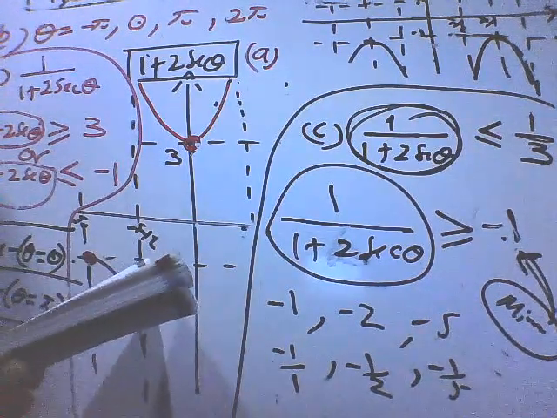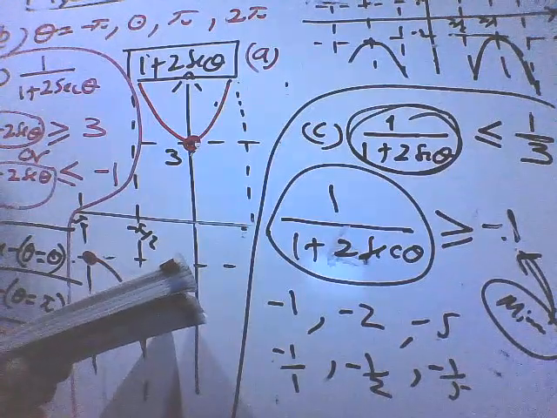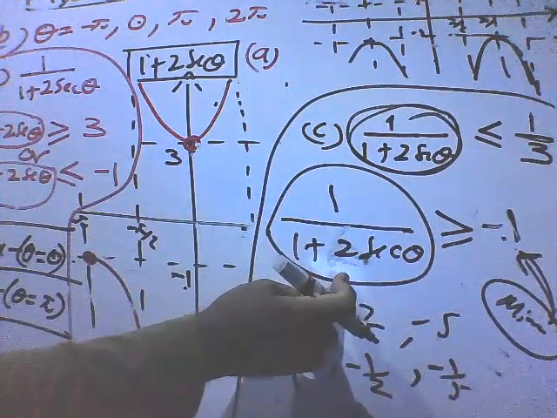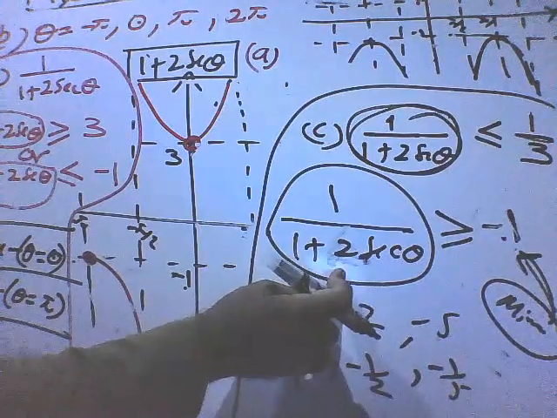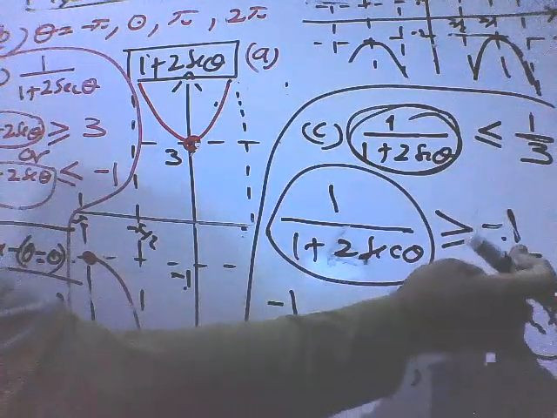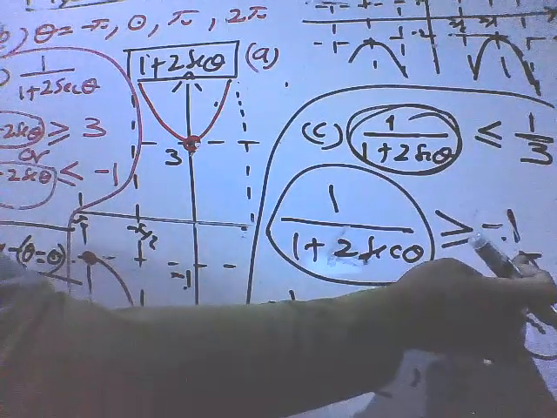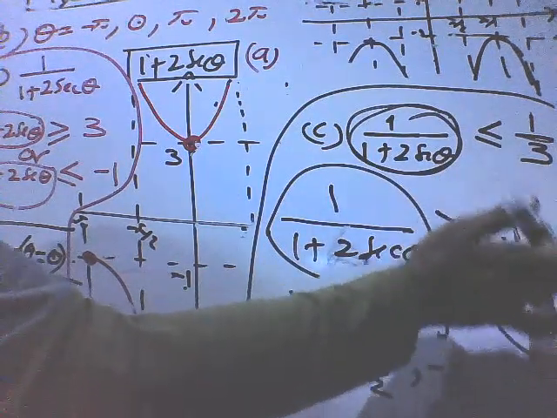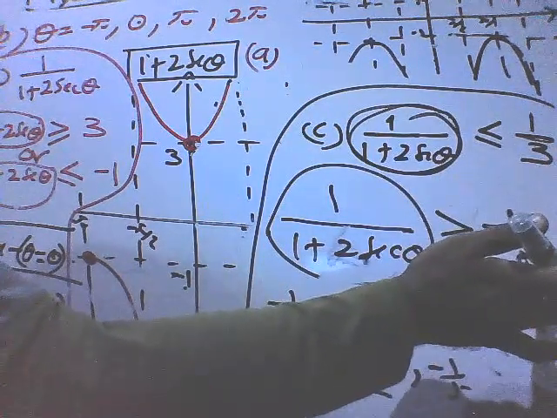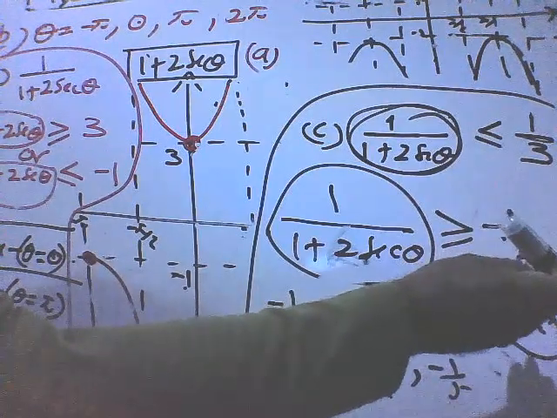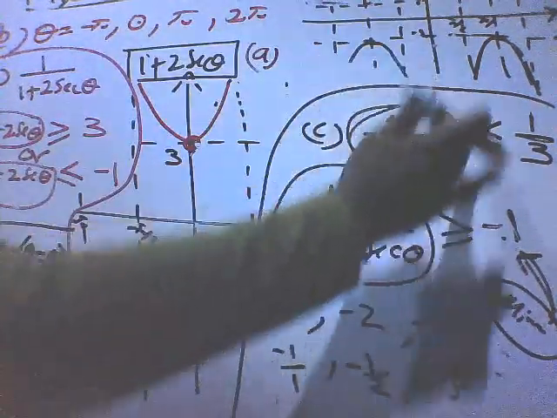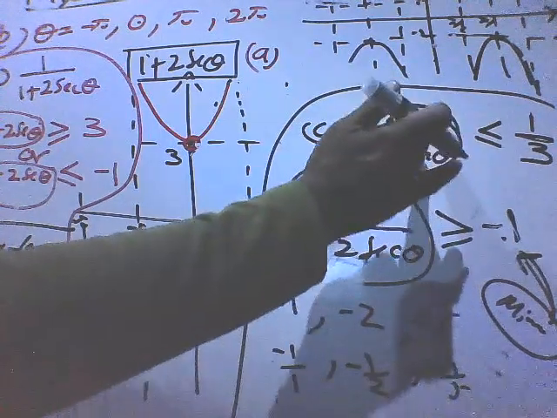And then another one, they ask for the smallest positive value. All these values are going to be negative. Greater than minus 1 means minus half, minus 100, like that on this side of the graph. It gets smaller and smaller, but always negative. This is the positive side of the graph, and it is going to be smaller and smaller.